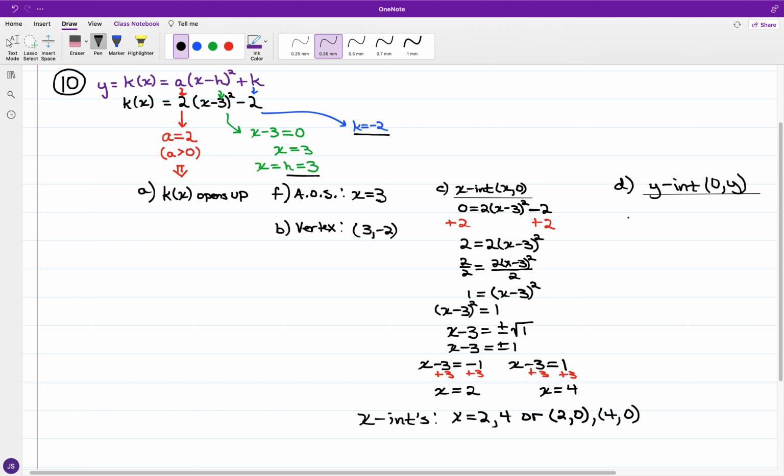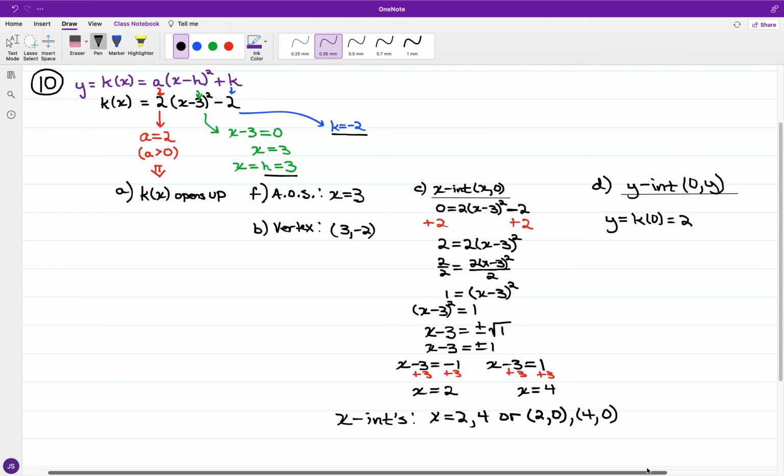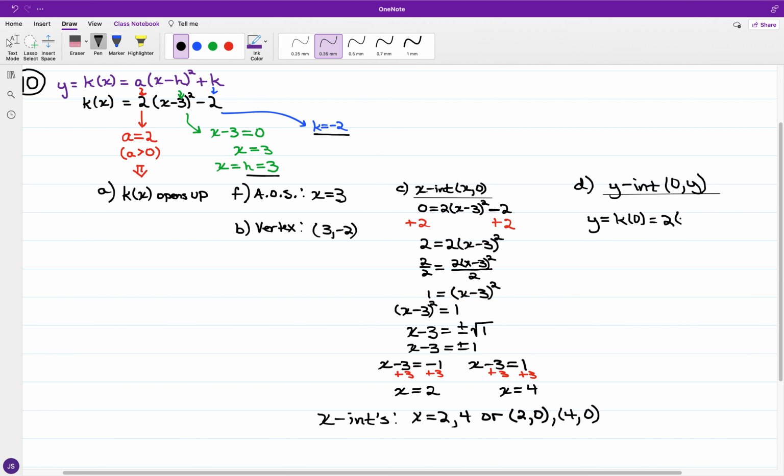So here we're going to have that y is equal to k of 0, and that is equal to 2 times the square of 0 minus 3, followed by the subtraction of 2. Right, so I have 0 minus 3 is going to be negative 3.